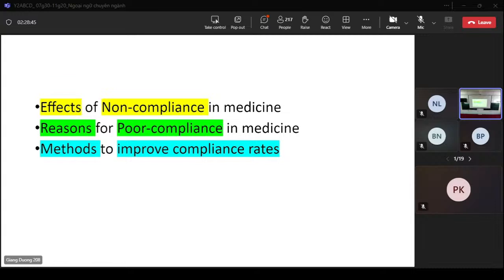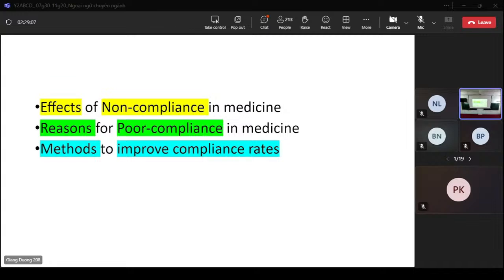So the consequences will be something like overdose, and if they miss some drugs, then their symptoms may appear, may get worse again.